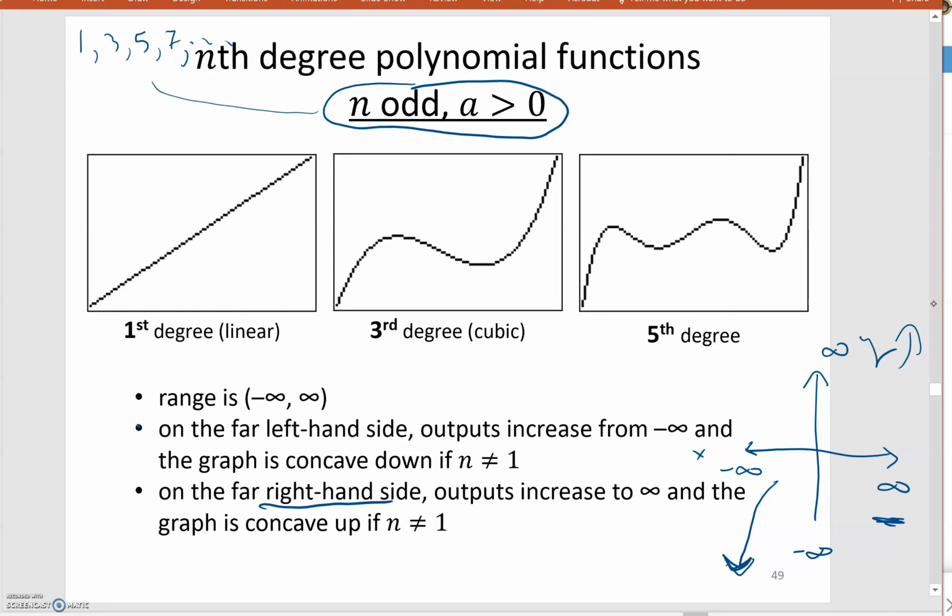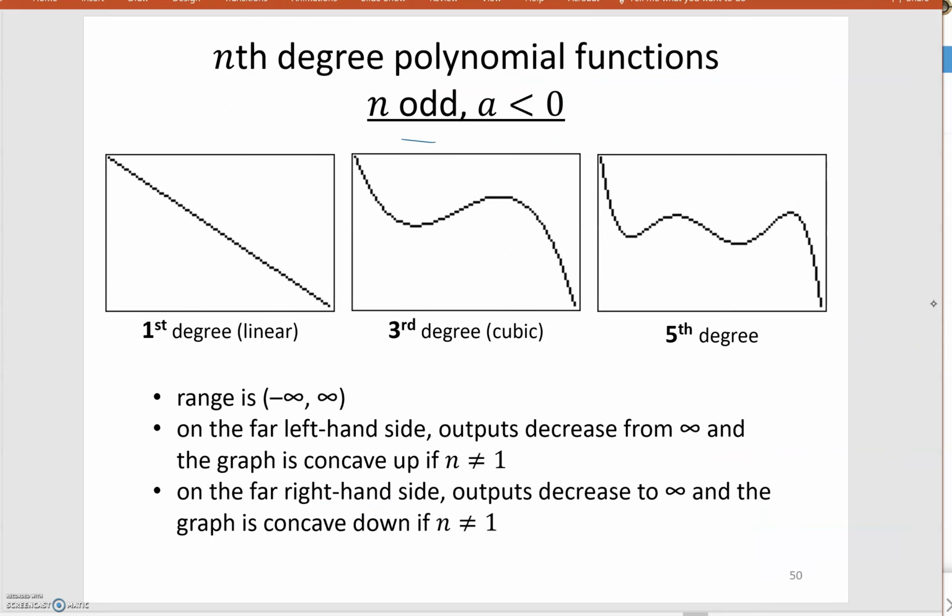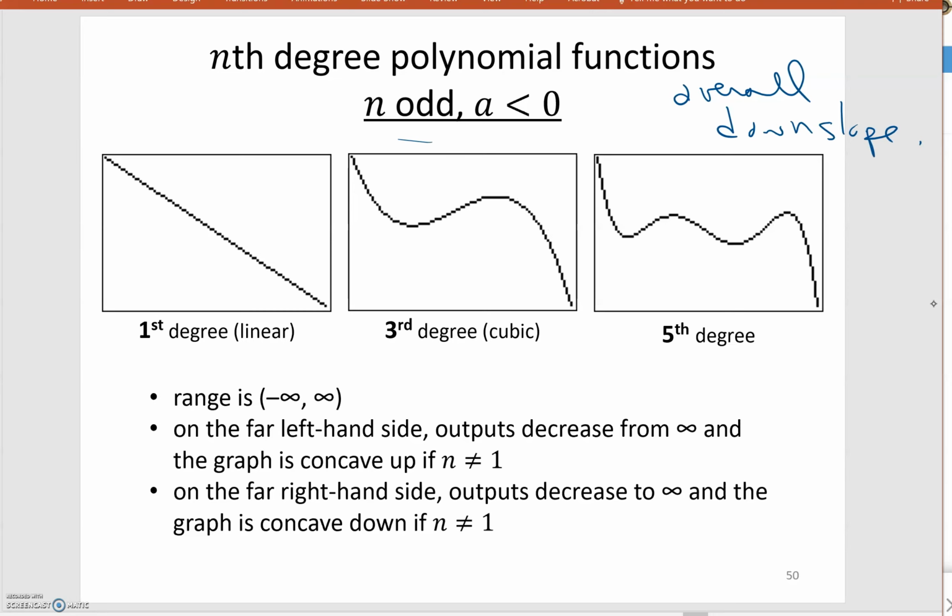Okay. Now, if we change that leading coefficient to negative, but we keep it as an odd degree, then the overall behavior is downwards. Again, our range is all real numbers, but here on the far left-hand side, outputs decrease from infinity, and the graph is concave up in this case.